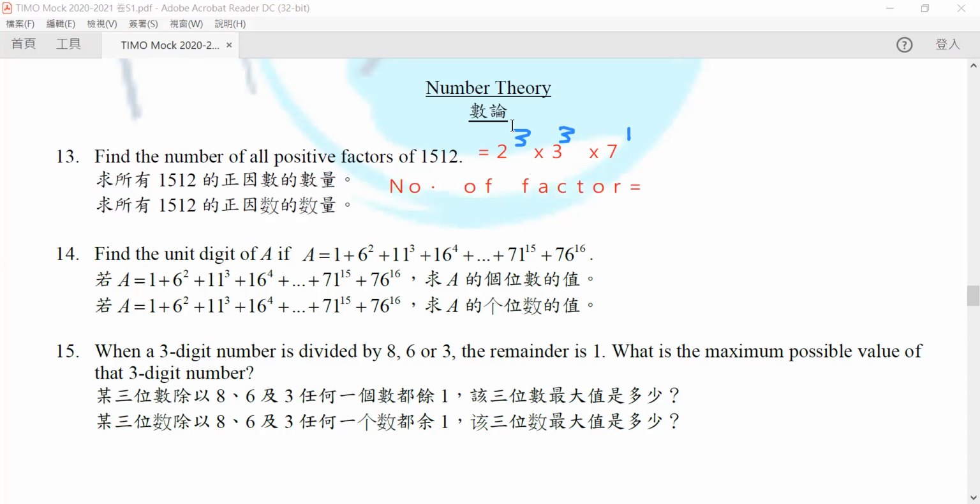So the number of factors would be equal to 1 plus something, and then 1 plus another thing, 1 plus the third thing.